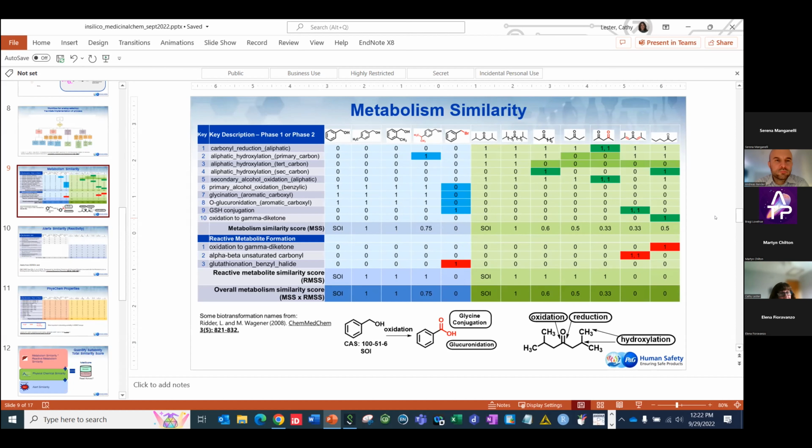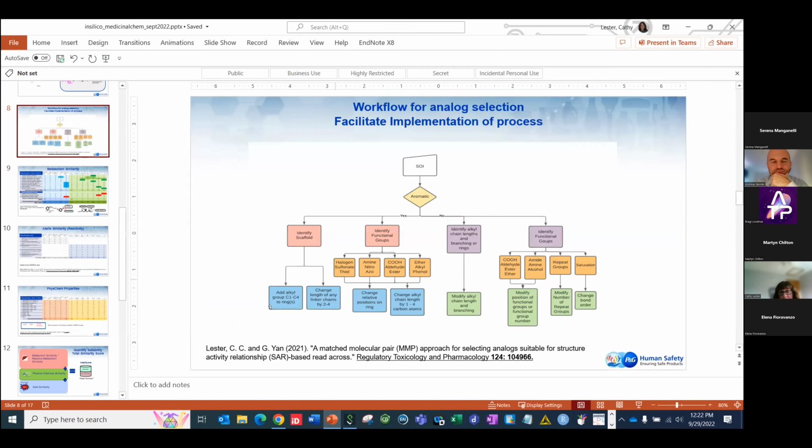We might use it in parallel with our matched molecular pair approach, where we chemists outline a search strategy for our search specialist, who makes the modifications to the structure that we have proposed, as outlined here, to pull back the potential analogs.